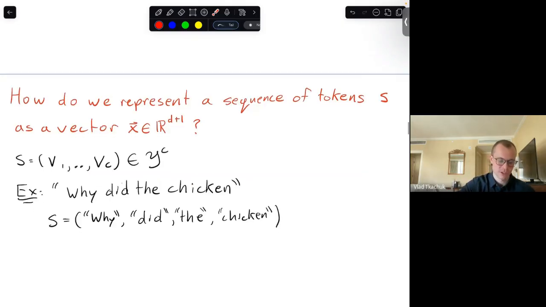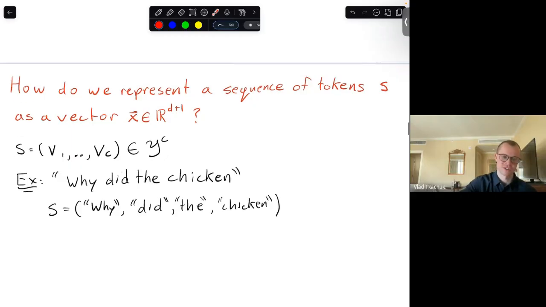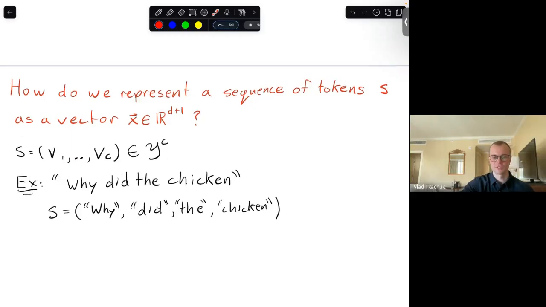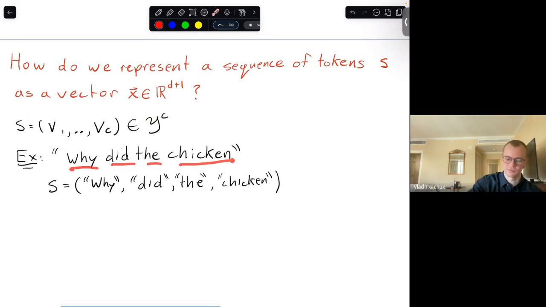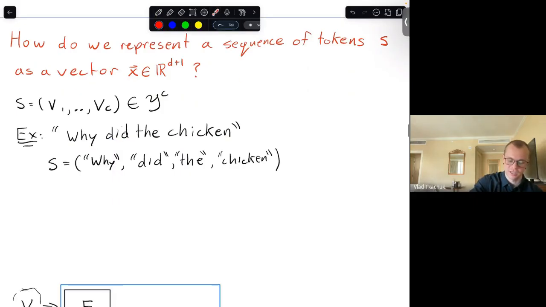Well, the way this is going to work is as follows. First, let's understand what the sequence of tokens looks like. Our inputs will look like some token v1 up to some token vc. So let's say this is an input that has c tokens. For example, if the input was "why did the chicken", then your sequence of tokens S would be these tokens appended together.